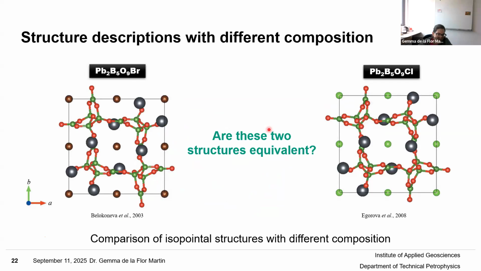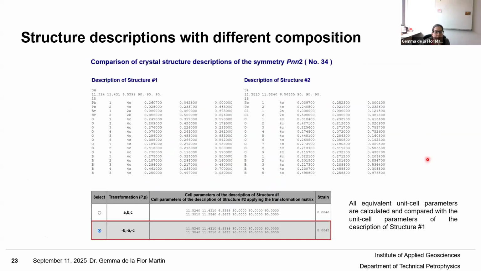So let's have a look at these two structures, and let's determine with the program COMPSTRU if they are equivalent or not. If you introduce the structures in the program and you click on show, you will be redirected to this intermediate page where the program first calculates the best match for the lattice parameters of the structures.